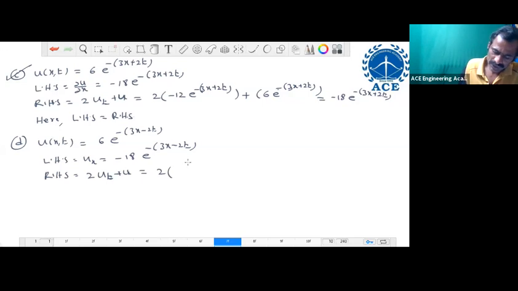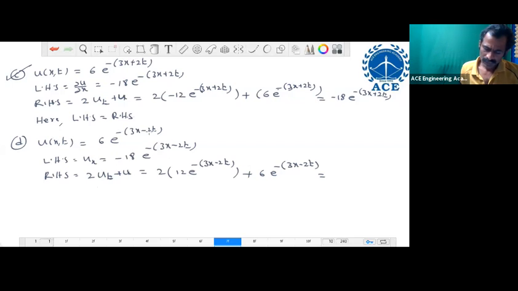With respect to t is minus 1 plus 12 e power minus of 3x minus 2t, plus u is 6 into e power minus of 3x minus 2t, equal to 24 plus 6.